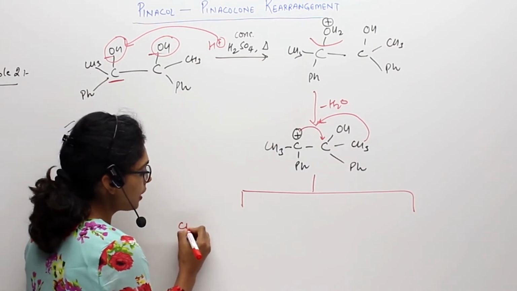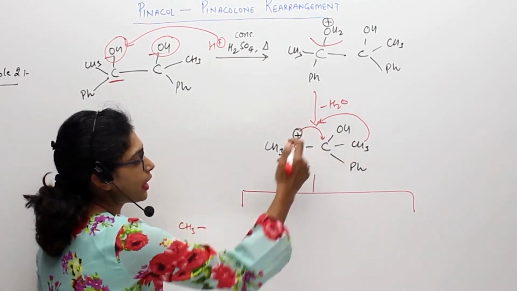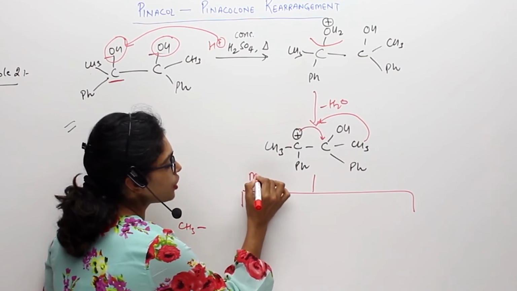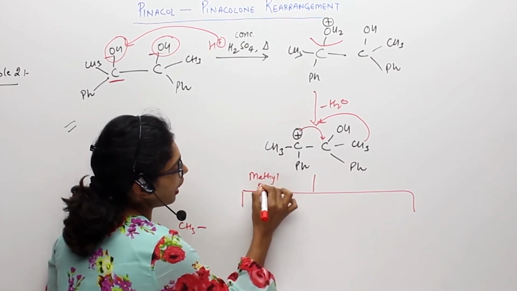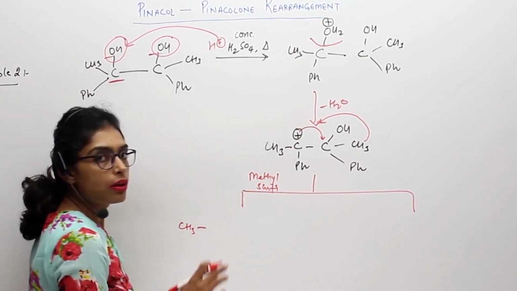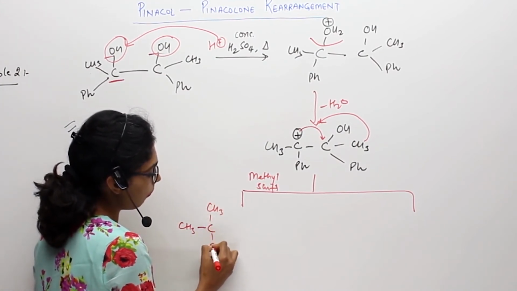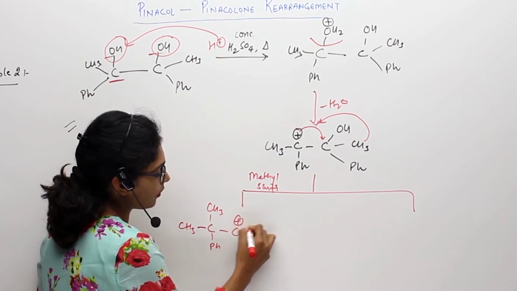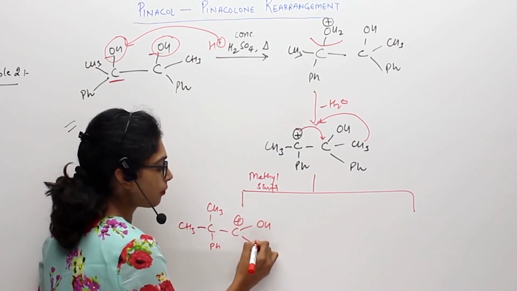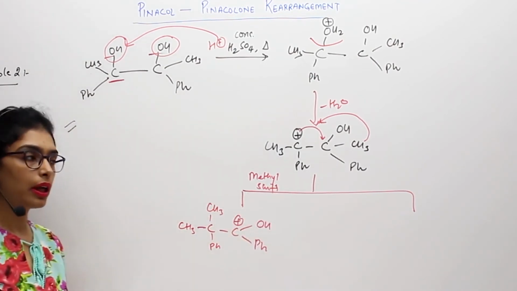So let's say CH3 has shifted, when the methyl shift has happened. How will the carbocation look? It will look like this. This is how my carbocation looks.